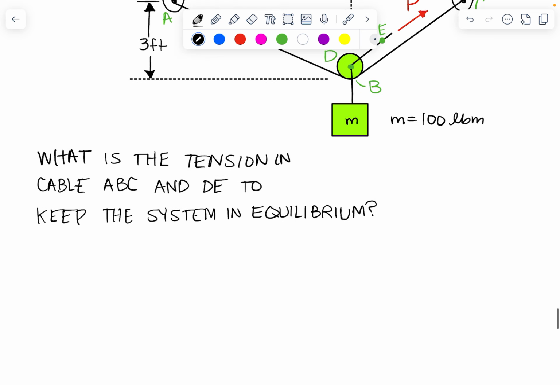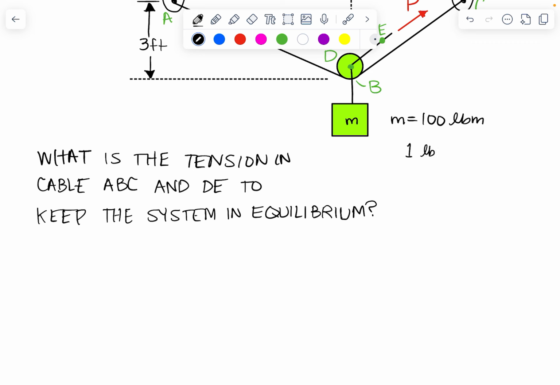Okay, so first let's deal with something that we covered in chapter 1, right? We've got this mass here that is given to us in pounds mass. So make sure that whenever you see this, you remember this is a mass, this is not a weight. Now we're going to find that it works out actually to 100-pound force, but you need to think through why that is.